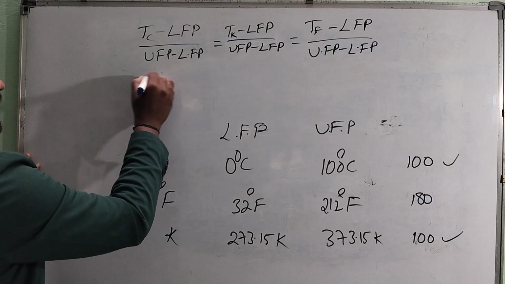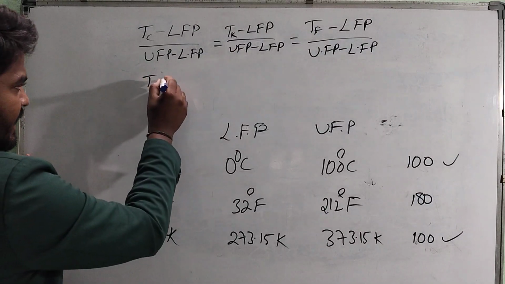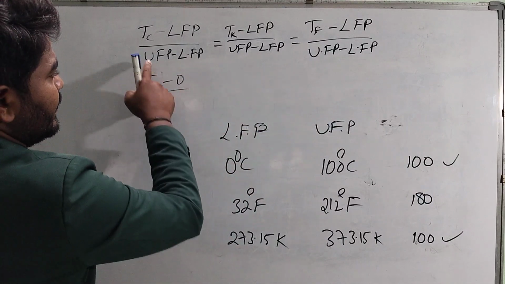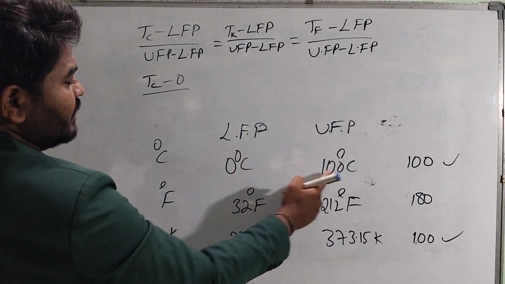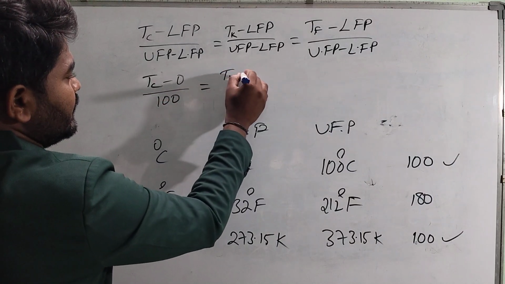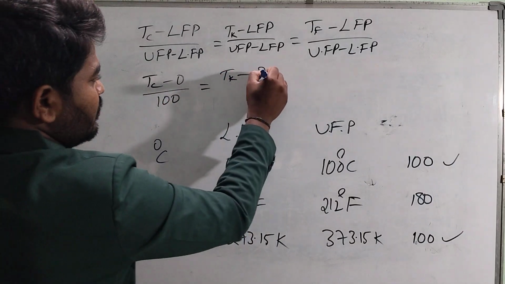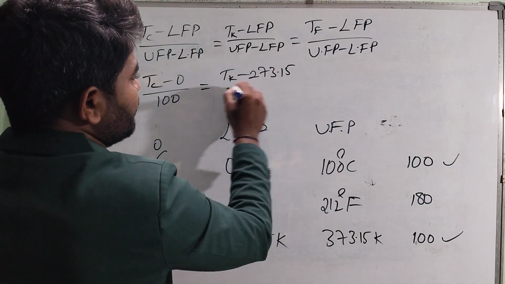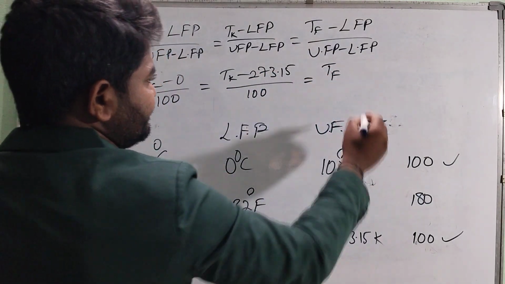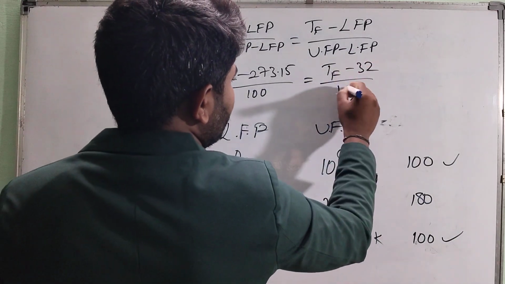For example, temperature in degree Celsius minus lower fixed point 0, divided by UFP minus LFP, 100 minus 0, that is 100, equals Tk minus 273.15 divided by 100, equals Fahrenheit minus 32 divided by 180.